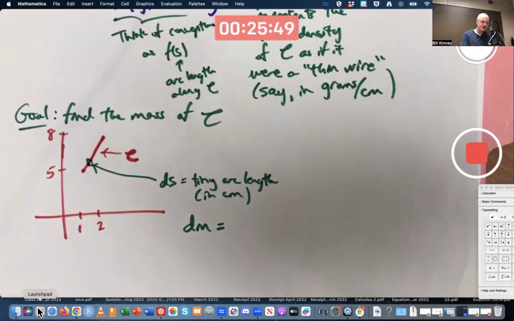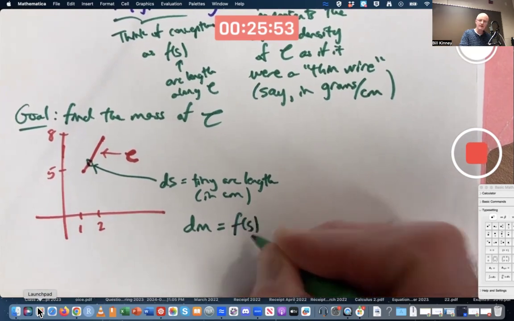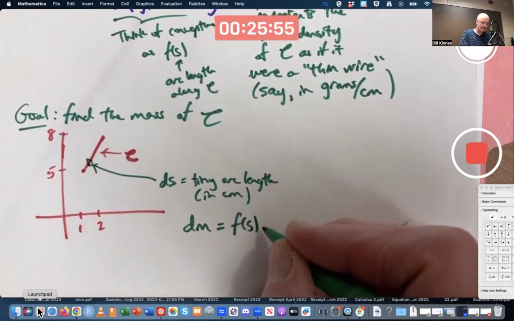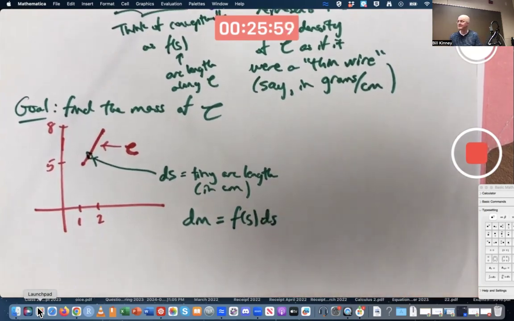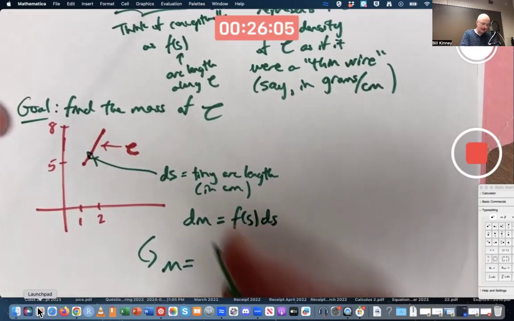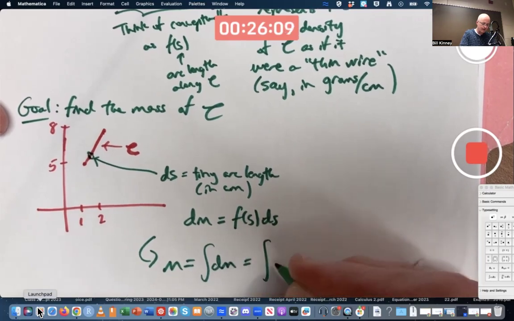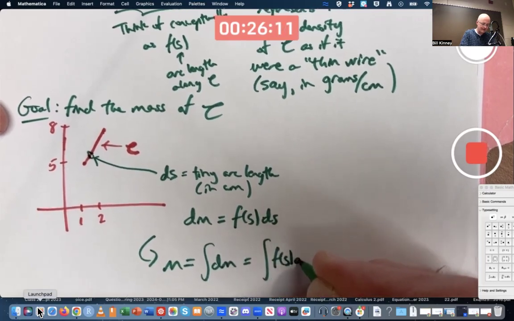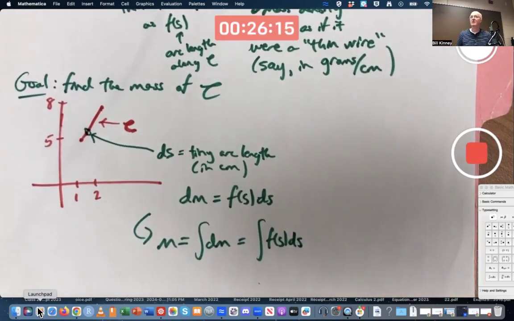At the moment, I'm just going to write that density function as f of s. f of s times ds is the small mass. And that means the total mass is found by adding those up, integrating them. Integrating f of s ds. Over what? Over the curve.